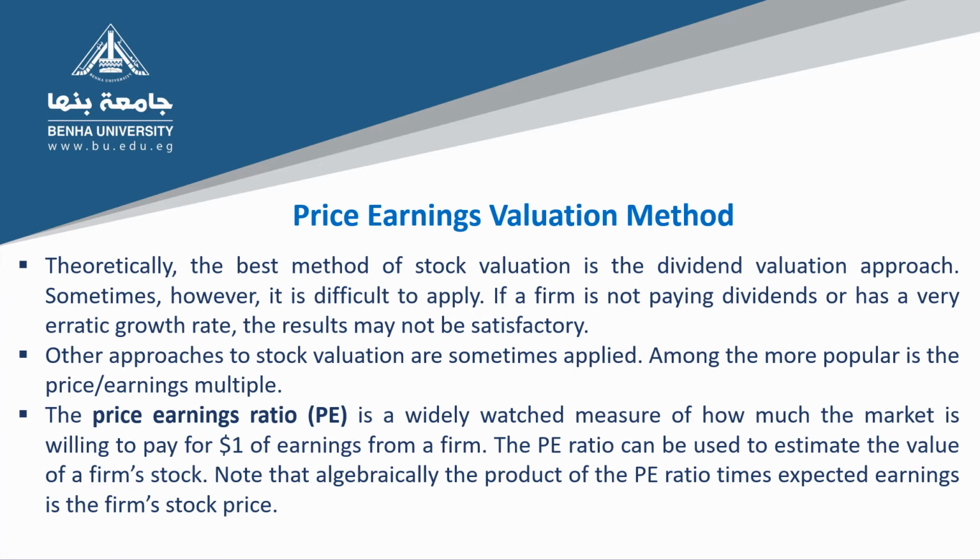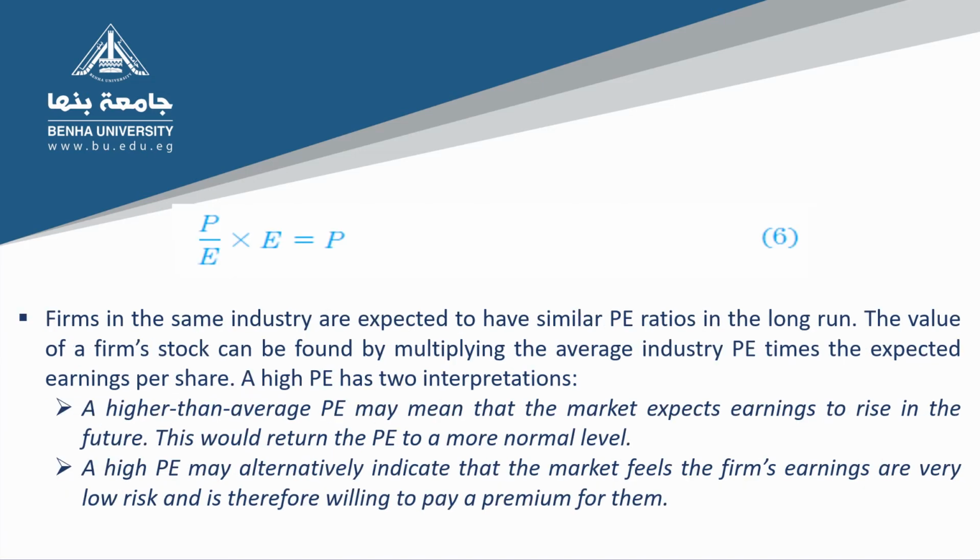Note that, algebraically, the product of the price earnings ratio times expected earnings is the firm's stock price. Equation 6 explains how to compute the stock price through the product of price earnings ratio times expected earnings.